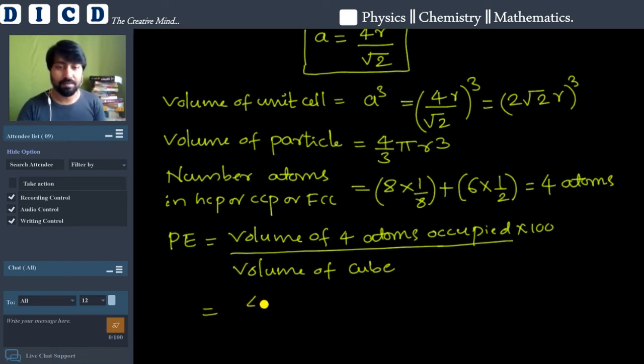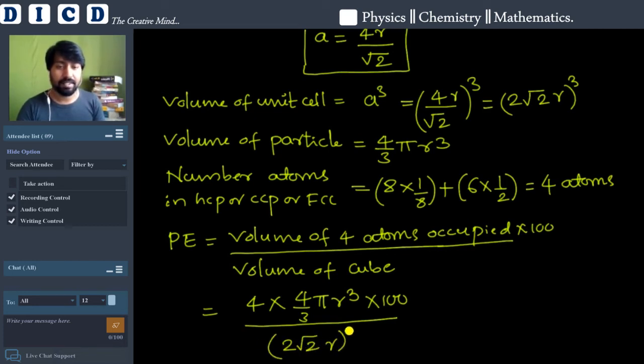Volume of 4 atoms means we have 4, each atom having a volume of 4 by 3 pi r cube, into 100, divided by the volume of the cube, that is 2 into square root of 2, r cube.